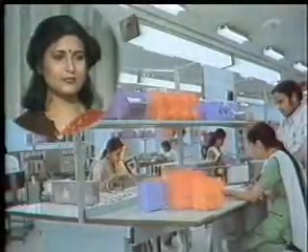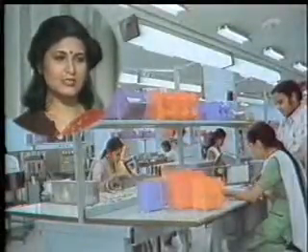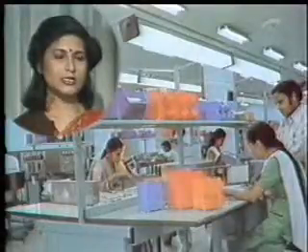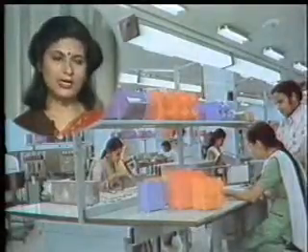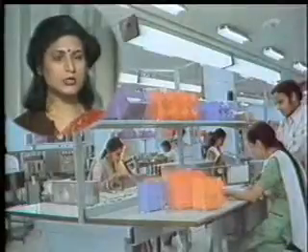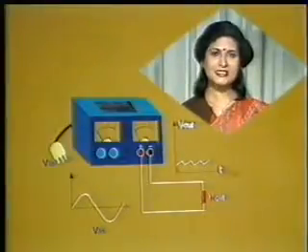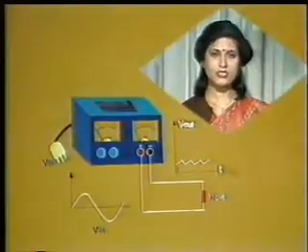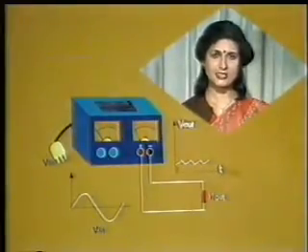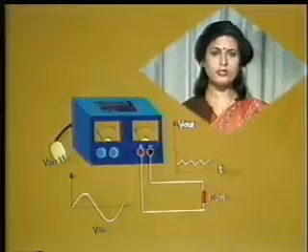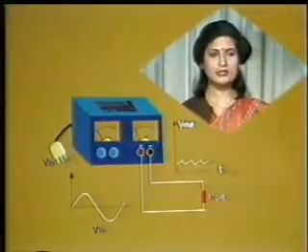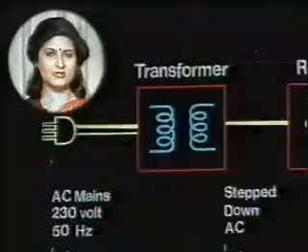Let us now summarize what we have seen so far. DC regulated power supplies are very useful in electronics laboratories and industries using electronic equipment. A DC regulated power supply converts AC mains voltage to regulated DC using a transformer, rectifier, filter and a regulator circuit.